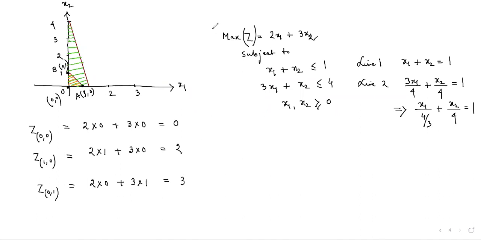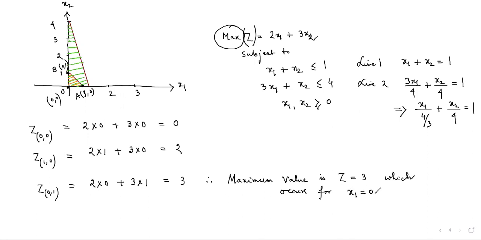And since it is a maximization type of problem, therefore the maximum value is Z equal to 3, which occurs for x1 equal to 0 and x2 equal to 1.